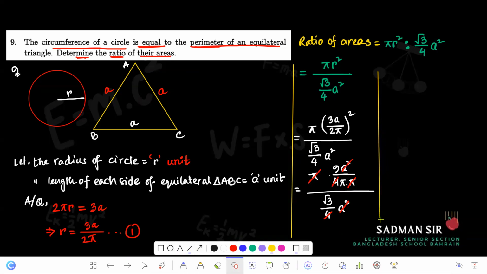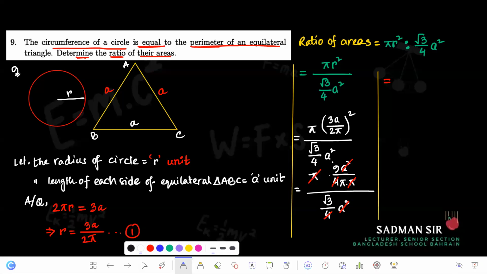Now our expression will be much simplified. As you can see, in the numerator, only 9 by pi will be there, and in the denominator, only root 3 will be there. Correct? So now 9 by pi, this division, I make it multiplication, then root 3 will be reciprocal.